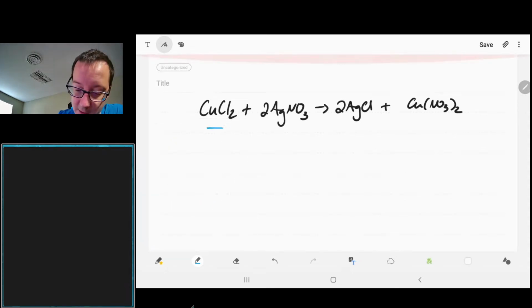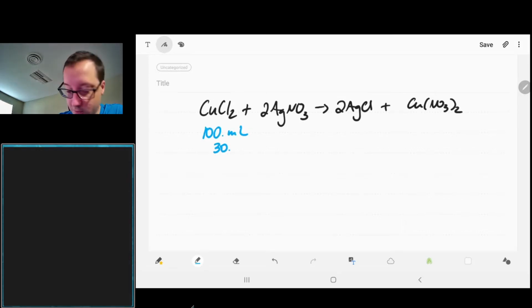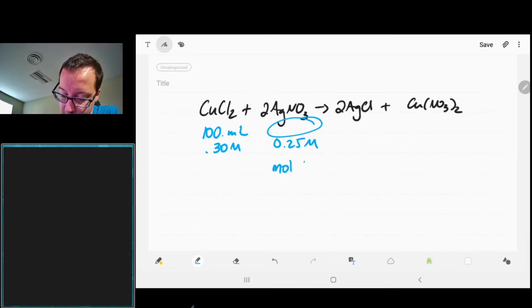We're given that we have 100 mLs and 0.30 molar. And then we know that we have 0.25 molar of the silver nitrate. So this is what we're figuring out here. The missing part will be our volume, right? So we have enough information about CuCl2. So that's where we're going to start our plan here.